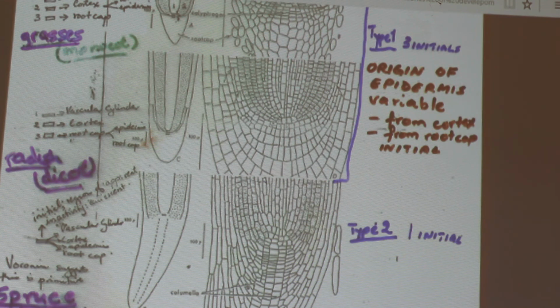As to which is older, the monocot or the dicot, taxonomists do not agree. Some believe monocots are more improved, others believe dicots are more improved. The important thing to note here is that there is a difference in the meristem arrangement in the root.